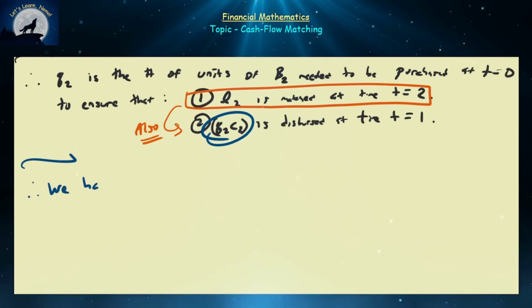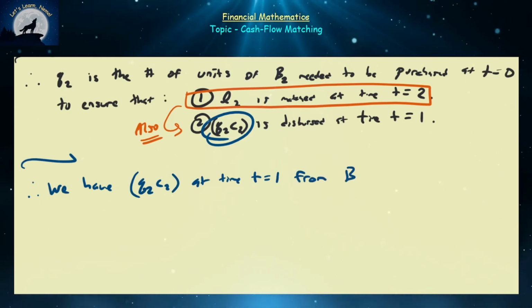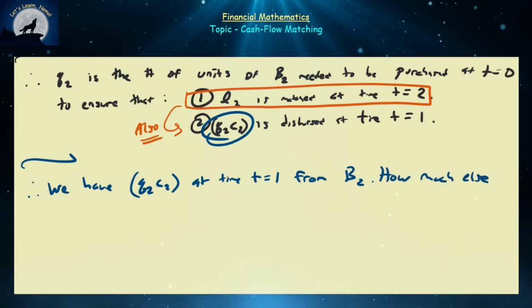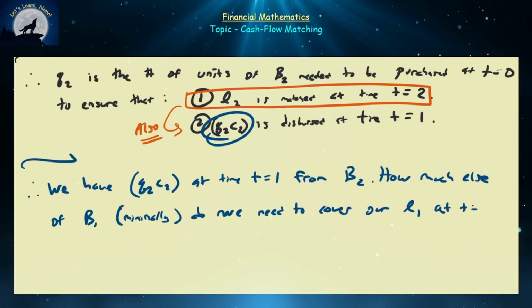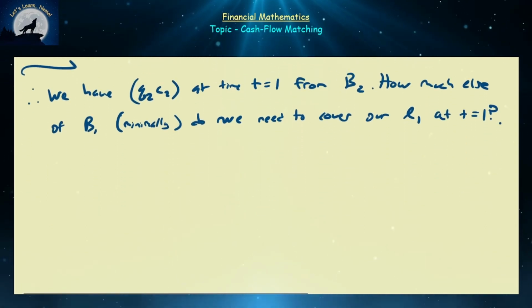So we clearly see we have Q2 C2 at time t = 1 from bond number 2. So how much else of B1 minimally do we need to cover our liability L1 at time t = 1?